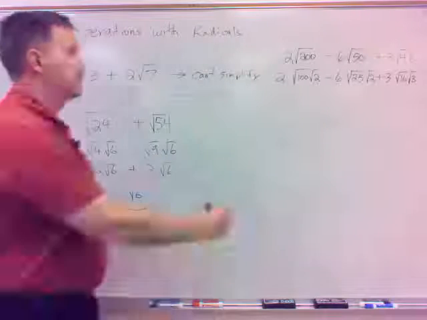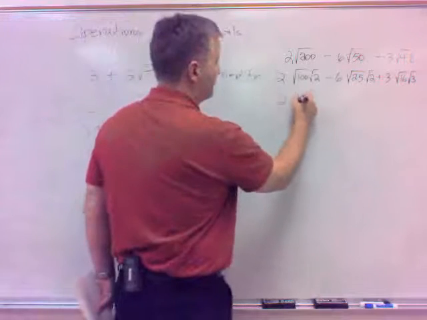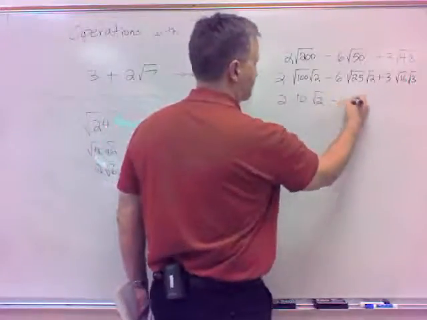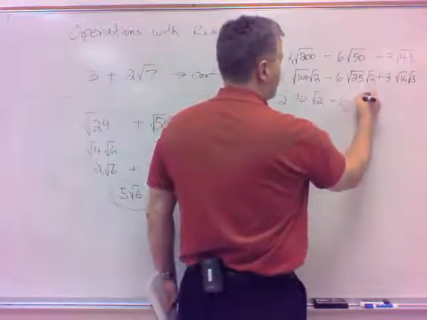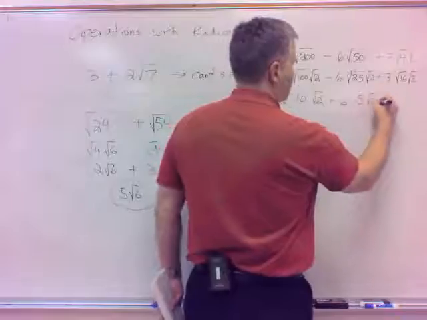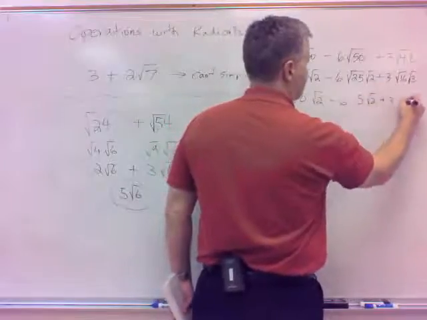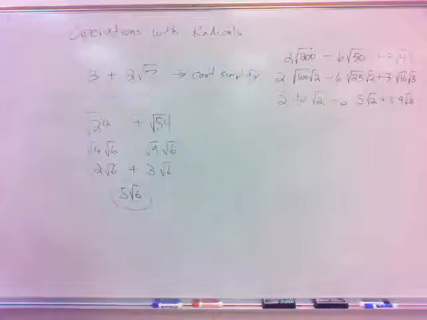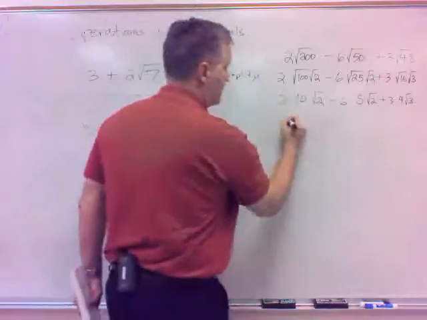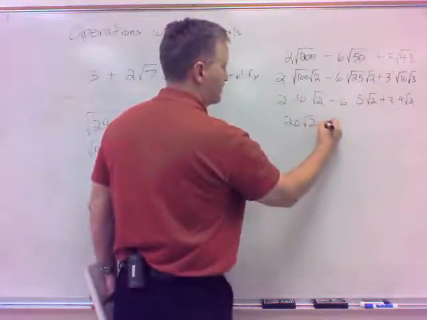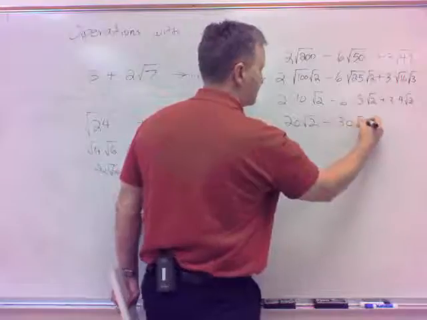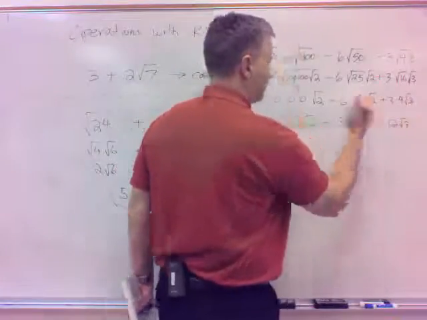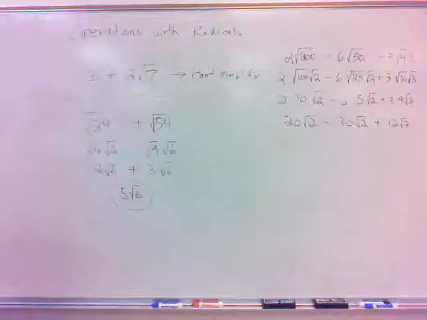So what have I got here? 2 and then 10, and that'll be times 10 times the square root of 2, and this will be minus 6 times 5 square root of 2, and then this will be 3 times 4 square root of 3. With me on that? So look at this. I've got 20 square root of 2 minus 30 square root of 2 plus 12 square root of 3. With me on all that?